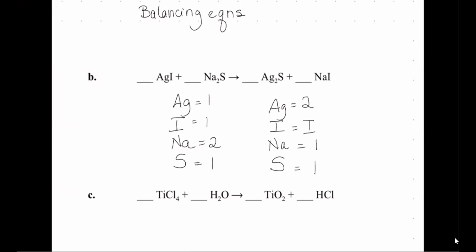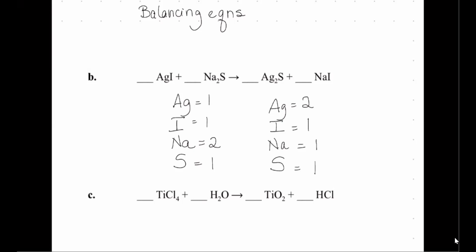So at first glance, we can say, oh, the iodines look balanced, the sulfurs look balanced. But understand that if you are trying to balance the silvers, that's going to affect your iodine, right? So we have to start somewhere.